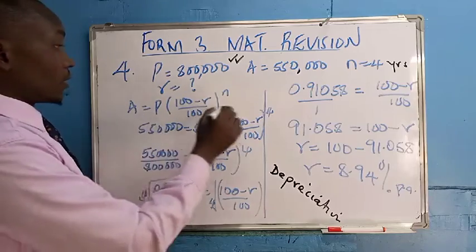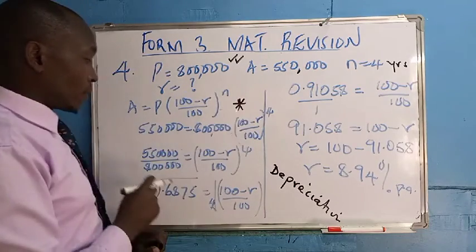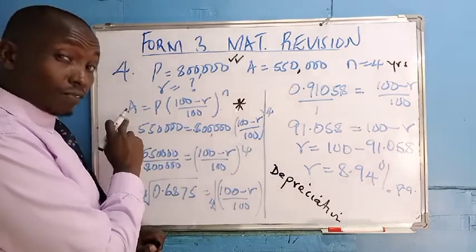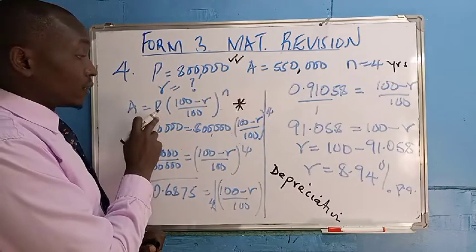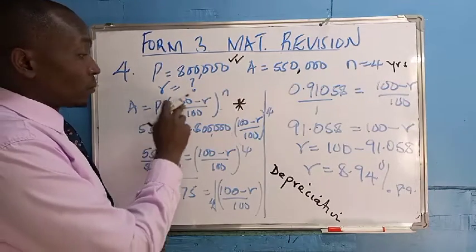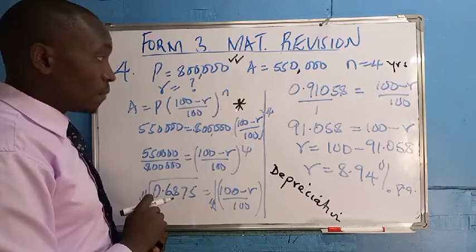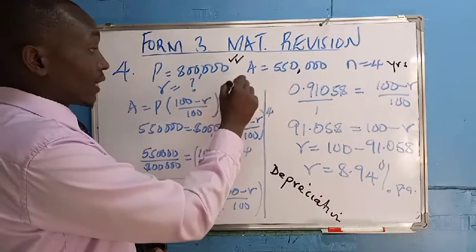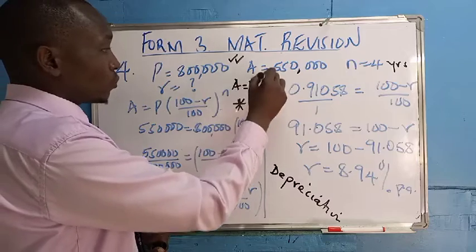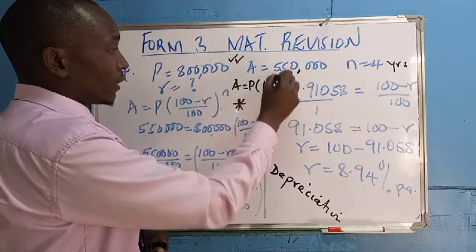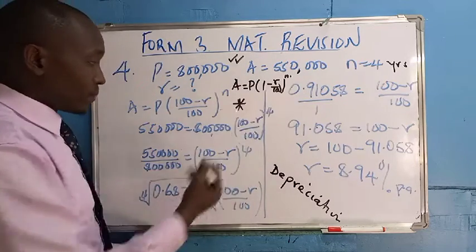So with that, the formula is given here. Amount after the period of time is equal to principal multiplied by 100 minus r over 100, everything raised to power n. Remember, you can just write it as equals p into 1 minus r over 100 raised to power n. It is the same.